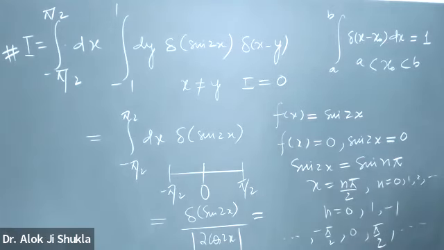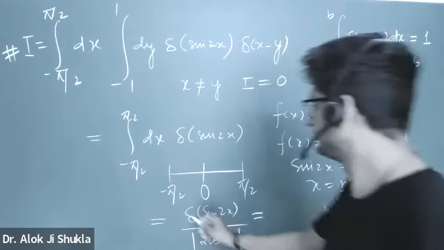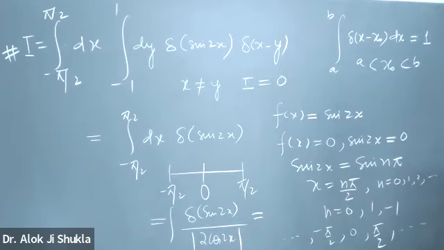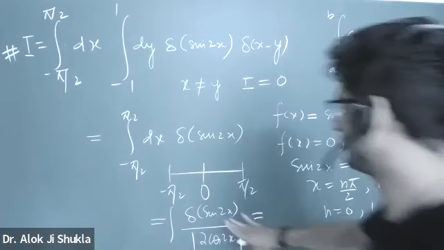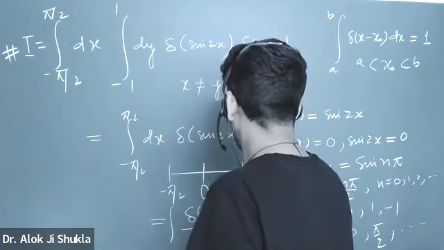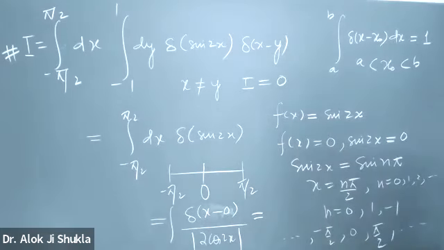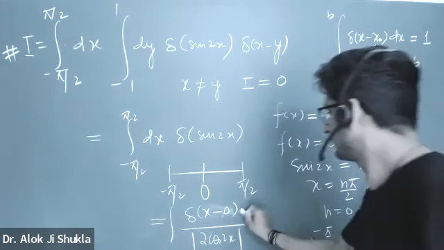So that can be written as integral of this. That will be delta x minus 0. Okay? So that will be dx.